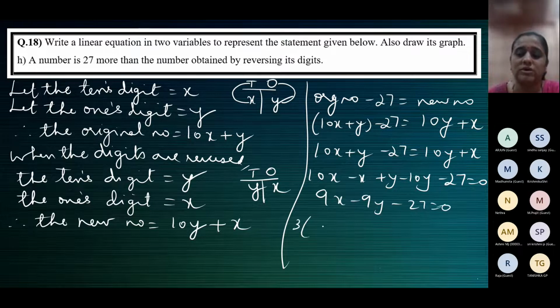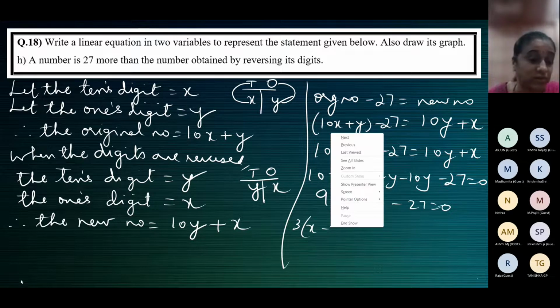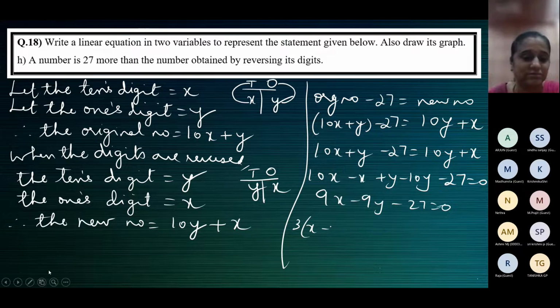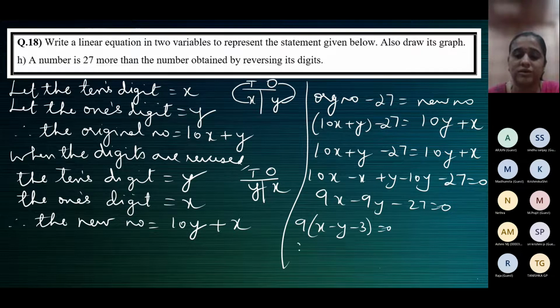Take out 9 common. I'm sorry. So x minus y minus 3 is equal to 0 by 9. So x minus y minus 3 is equal to 0 is the required equation.